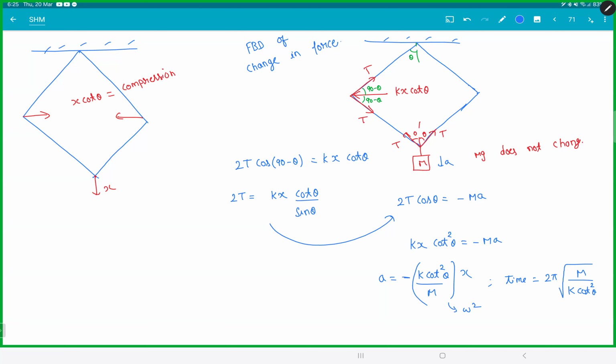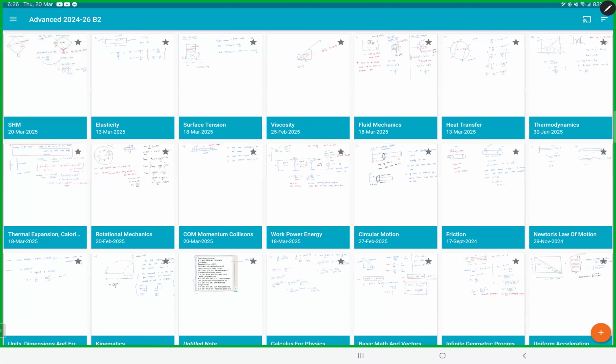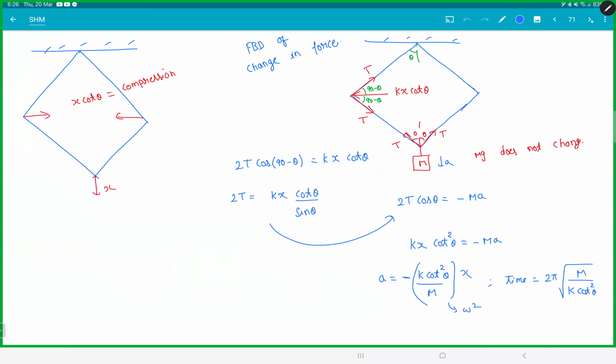It's a good one. Next one. Any doubts on the steps? The compression part of this thing. Since the rods are light, tension has to be same everywhere. There's a catch about the rods being light.